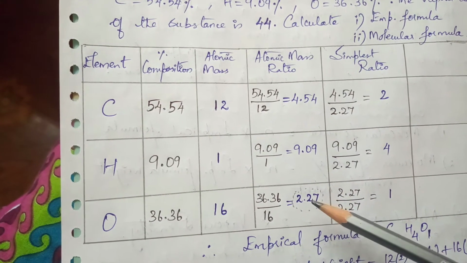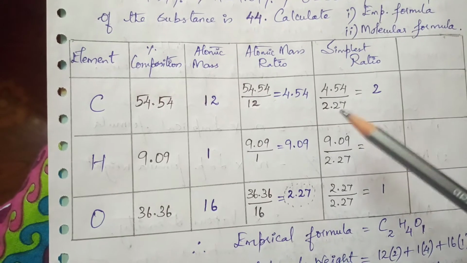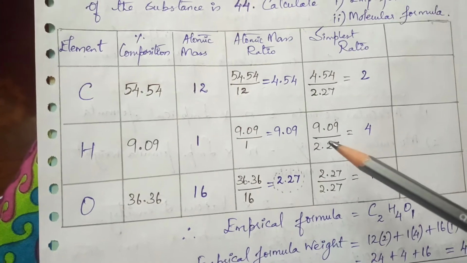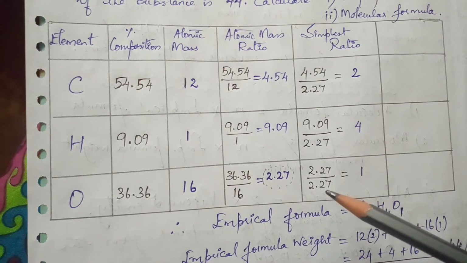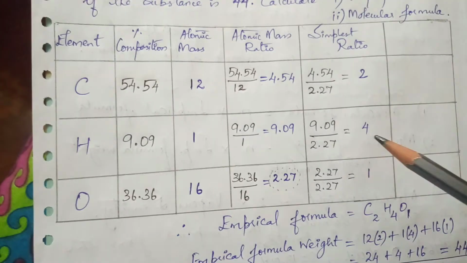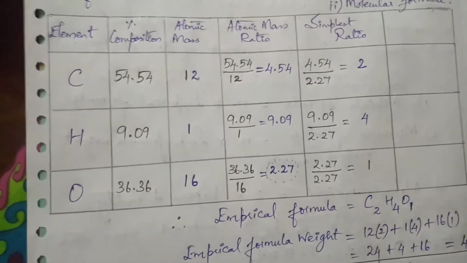Therefore we divide every value by it. 4.54 by 2.27 gives 2, 9.09 by 2.27 gives 4, and for oxygen, 2.27 by 2.27 gives 1. Therefore we got the simplest whole numbers, and thus we can derive the empirical formula.